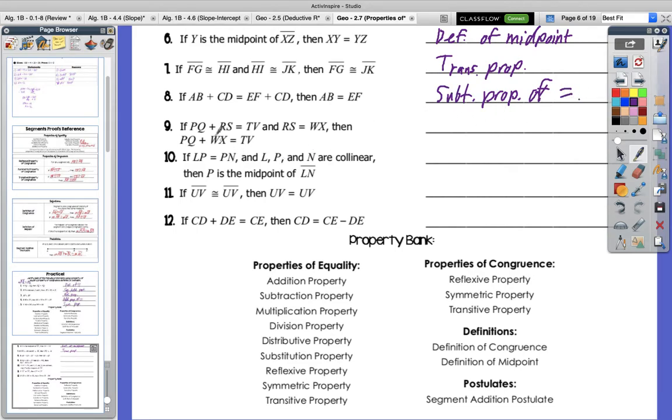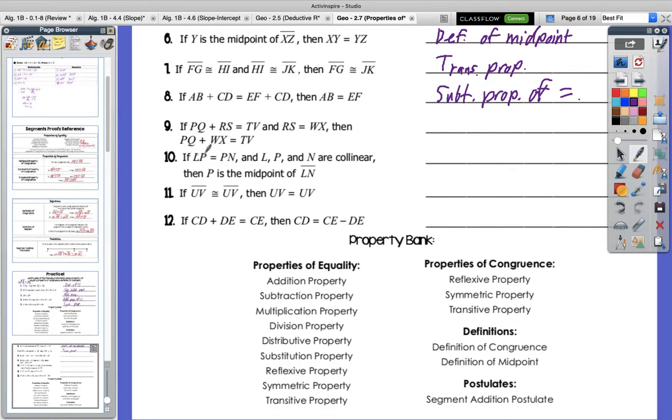All right, 9. So if measurement of segment PQ plus measurement of segment RS equals measurement of segment TV, and measurement of segment RS equals measurement of WX, well then measurement of segment PQ plus measurement of segment WX equals a measurement of segment TV. Wow, that is a mouthful. So we're given the fact that these two add up to equal TV, and these two segments have the equal measure.